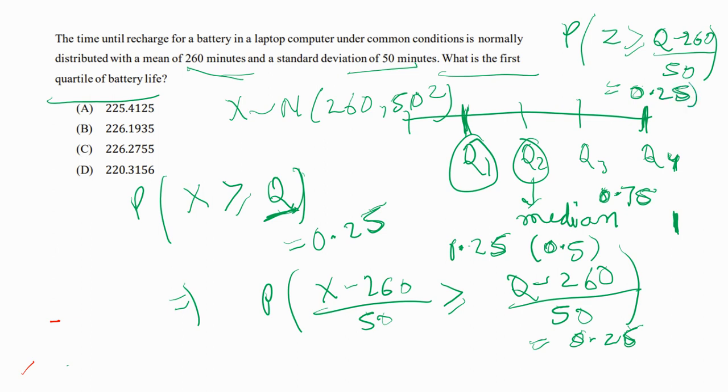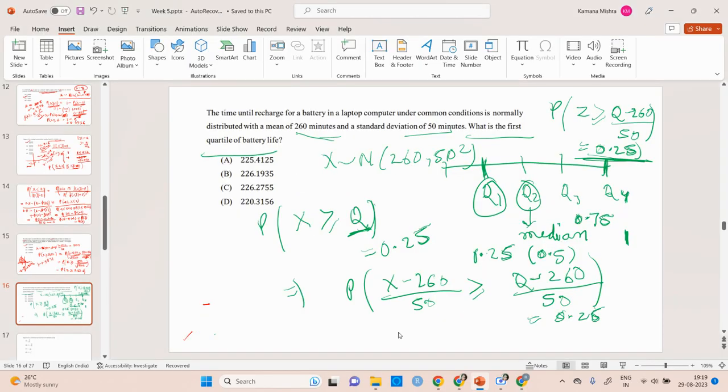So now to find P of z greater than or equal to some value if it is 0.25, we want to find what is the z value at this 0.25. Okay. So now we read the table in its reverse form.